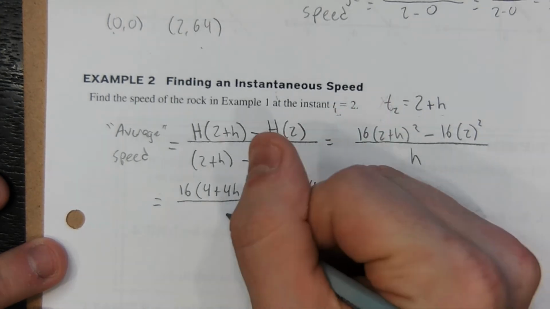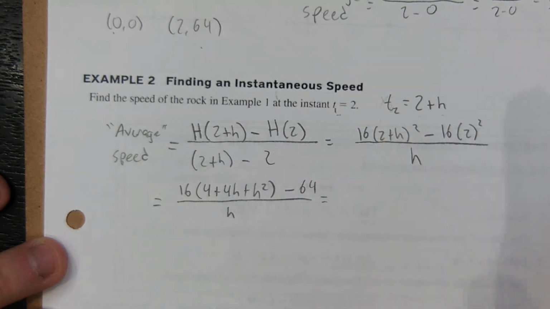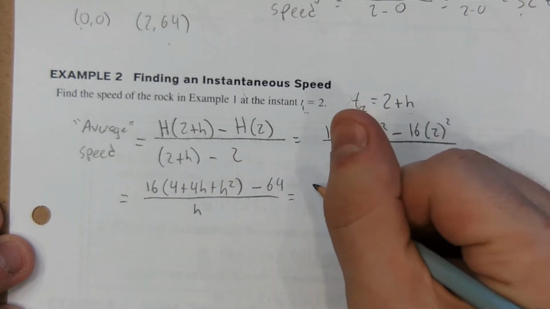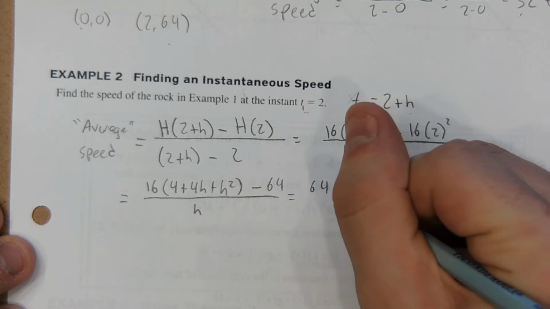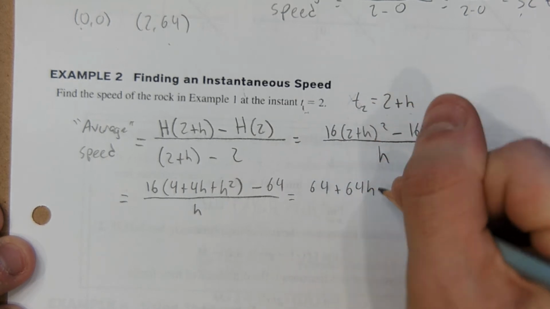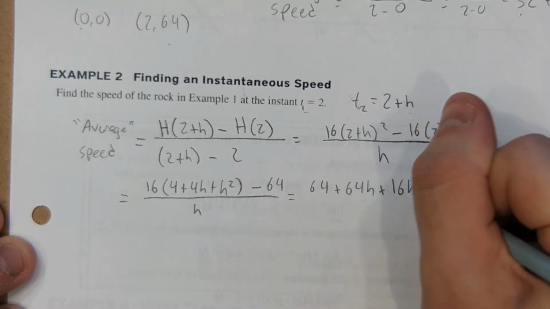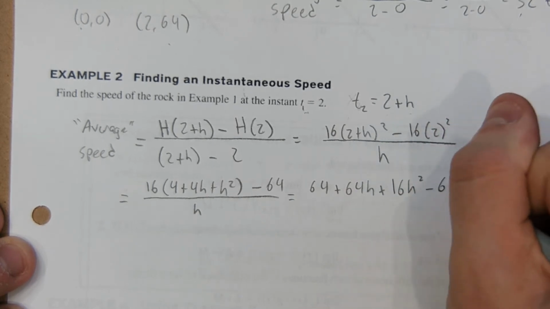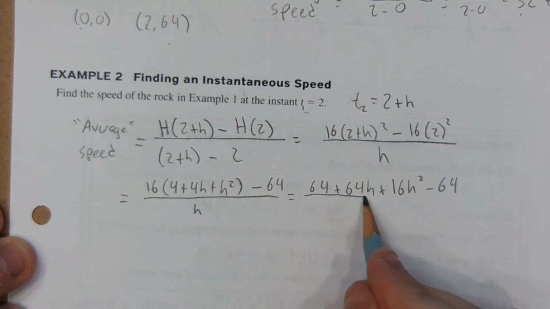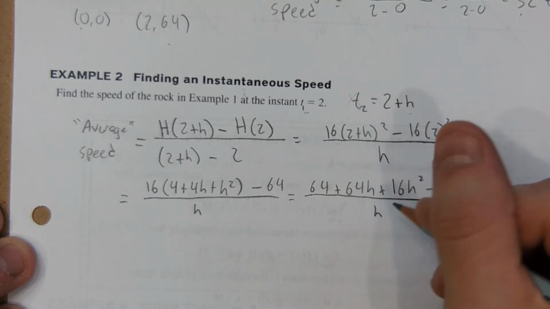And we're still over h. Distribute your 16. 64 plus 64h plus 16h squared minus 64, over h.